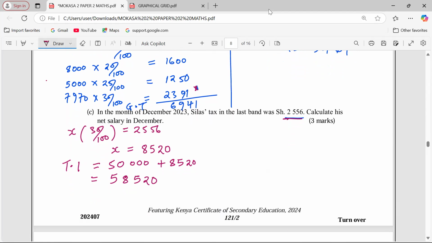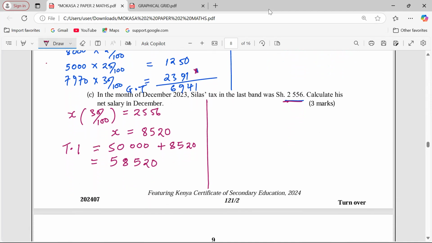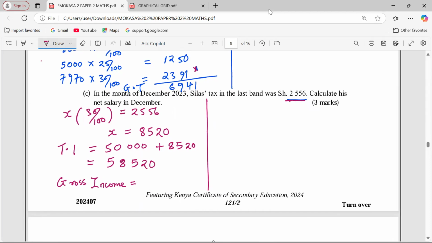But now, for us to get what we are calling net salary, we need to talk about, first of all, gross income. Gross income is all the amount that comes to the pocket of this individual, whether taxed or not. So there is the taxable income.